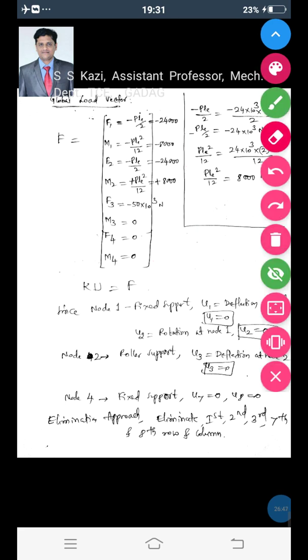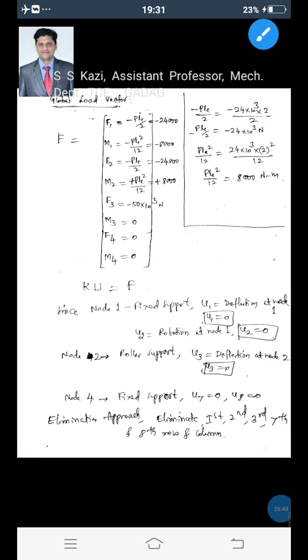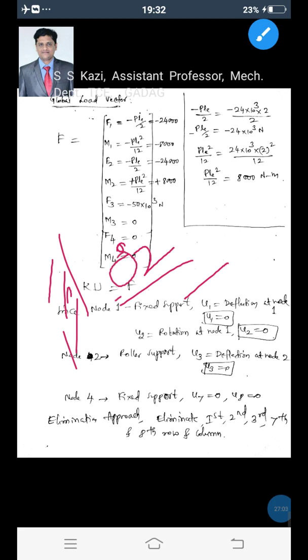Now next we should apply the elimination approach. Since node 1 has fixed support, in the problem node 1 has fixed support, node 2 is provided with roller support, and node 4 has fixed support.